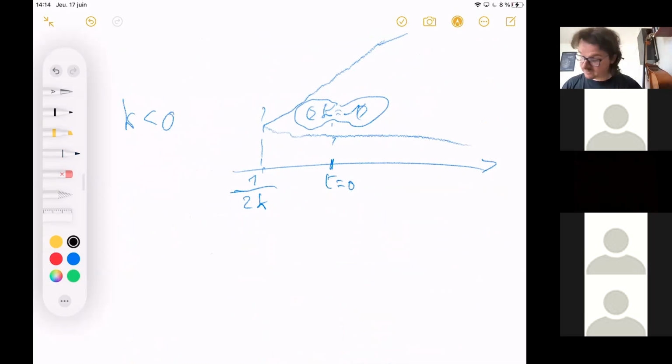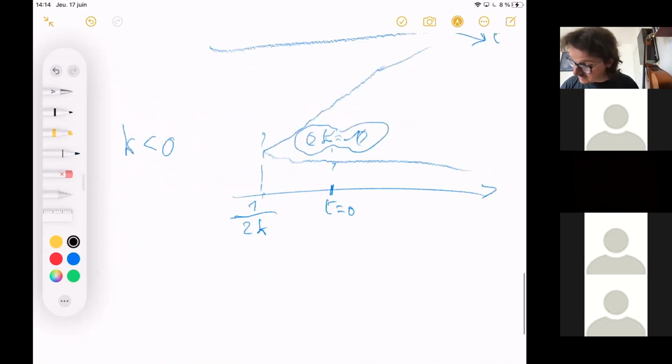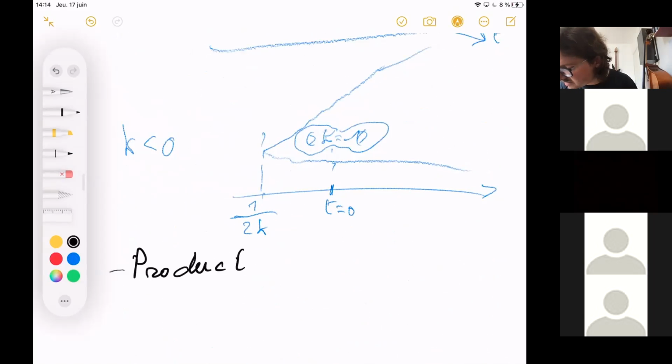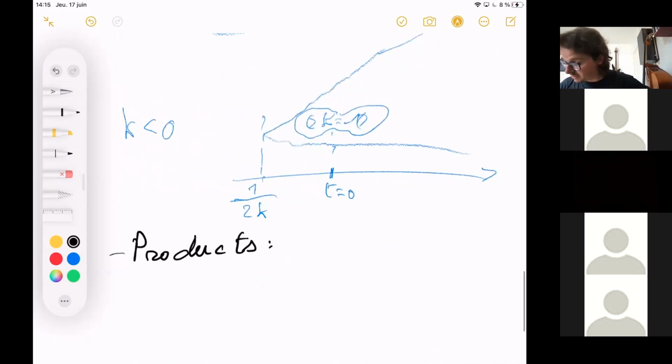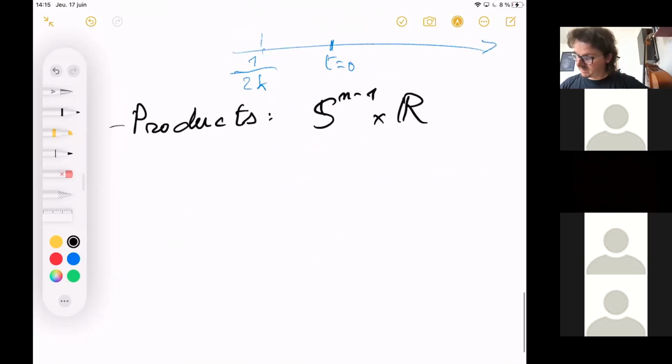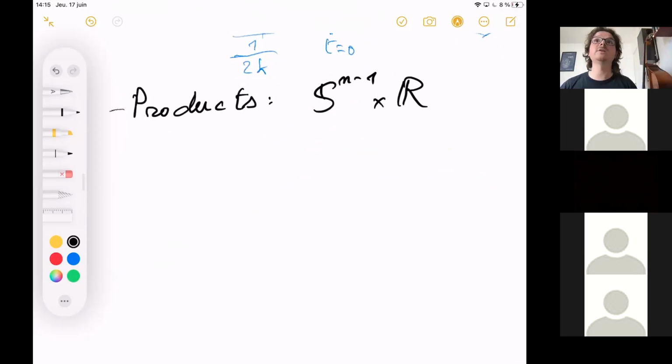Okay, maybe let's give some other examples. You can take products of solutions, and one big example is the shrinking cylinder. Here the spherical factor will shrink while the flat factor will stay the same. So this will be something like that.